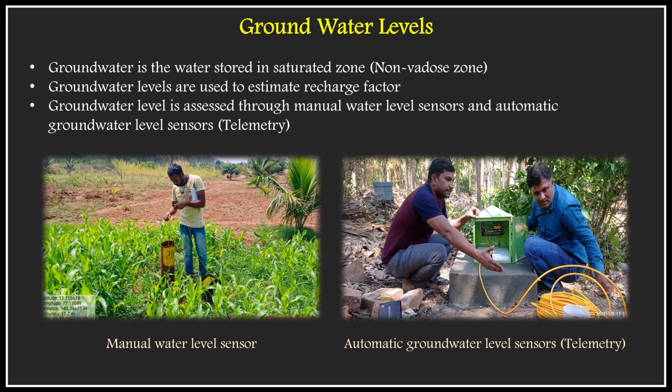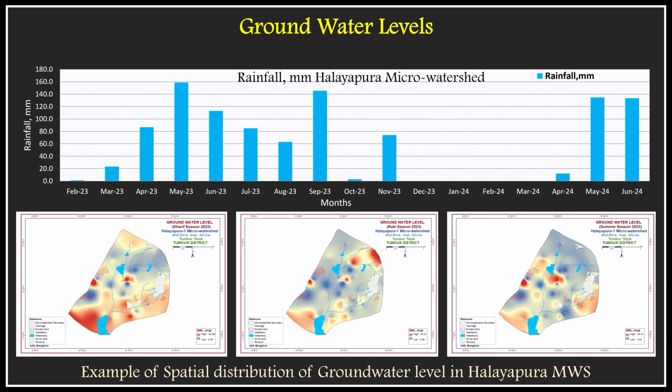Then we assess the groundwater level, and these are measured to estimate recharge factor, and this is assessed through manual water levels and automatic groundwater level sensors. The graph represents the rainfall received in micro watershed, and the corresponding map represents groundwater levels during different crop seasons.